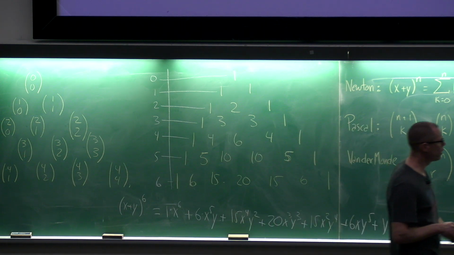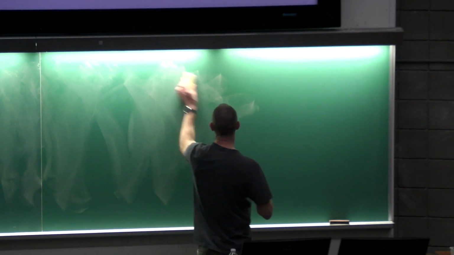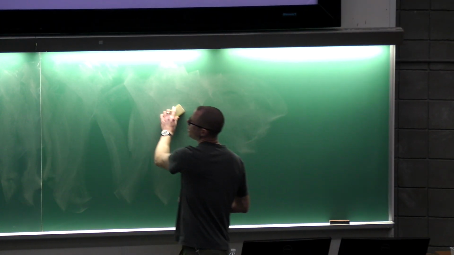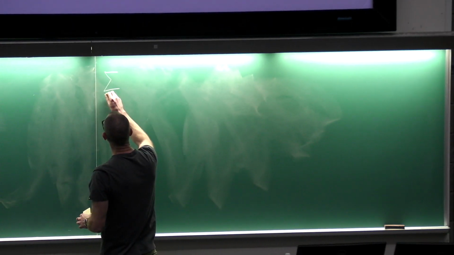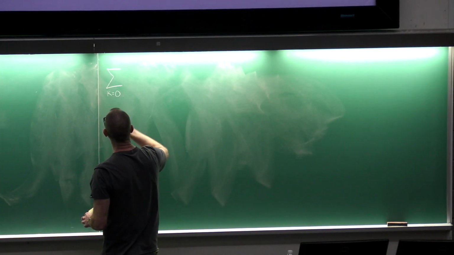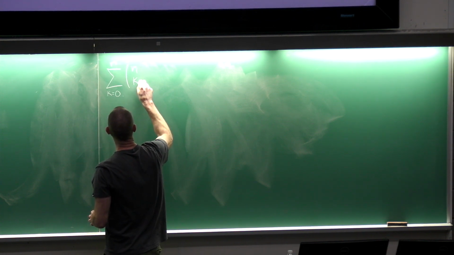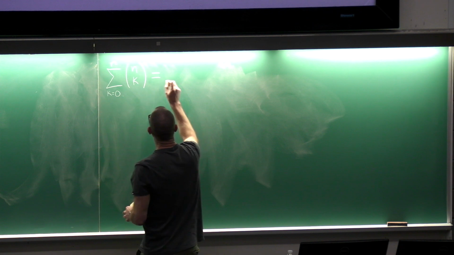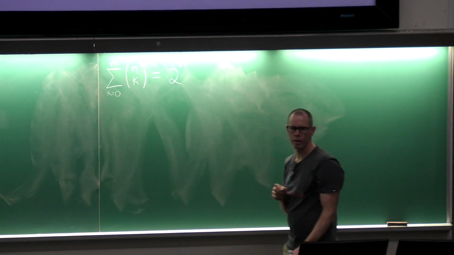So here's something interesting. An identity for binomials. It says if I take the sum for k equals 0 to n of n choose k, that is equal to 2 to the power n.